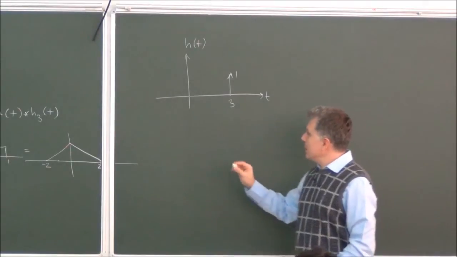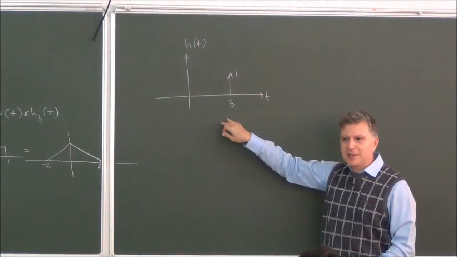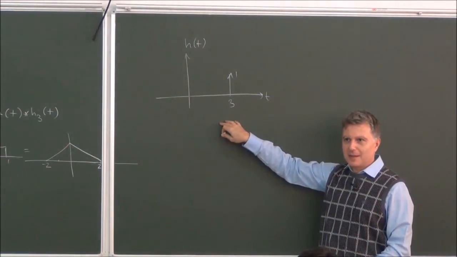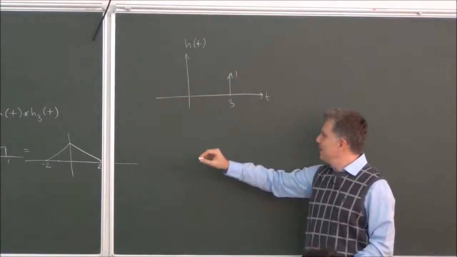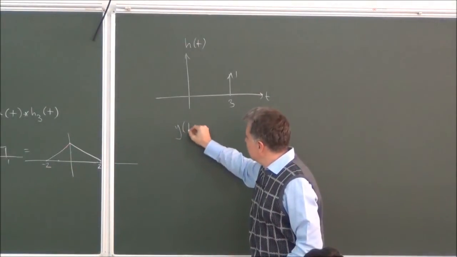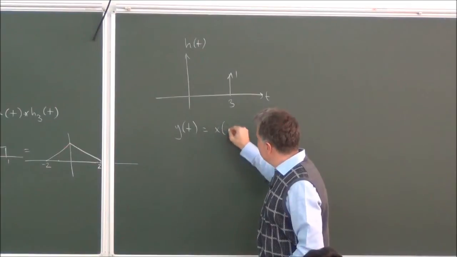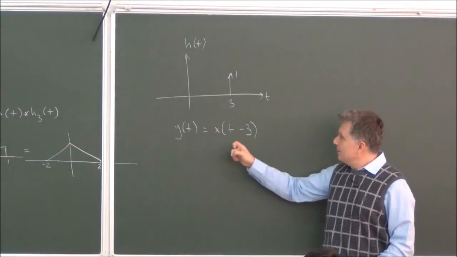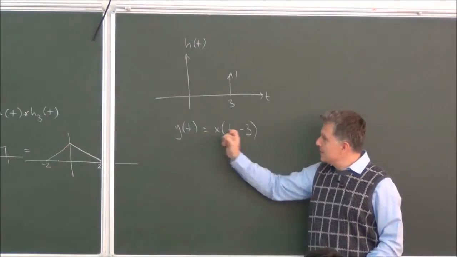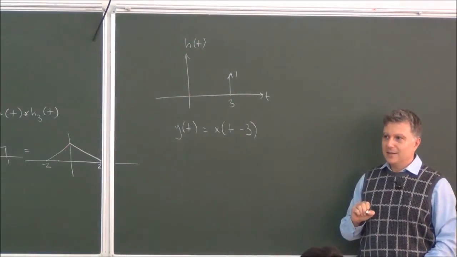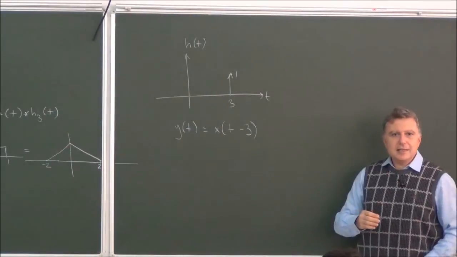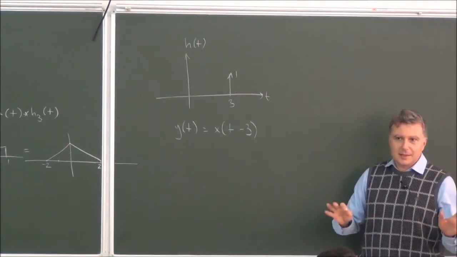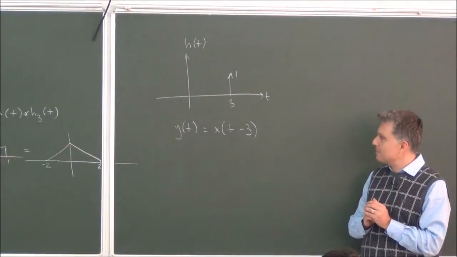You can even write the input-output relation for this system. It is such a simple system. It is saying that y of t is equal to x of t minus 3. That's it. If the input is x, the output is x of t minus 3. That is a delay system, nothing more and nothing less. Just a pure delay system.